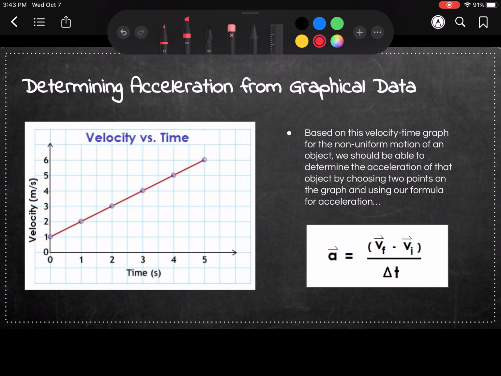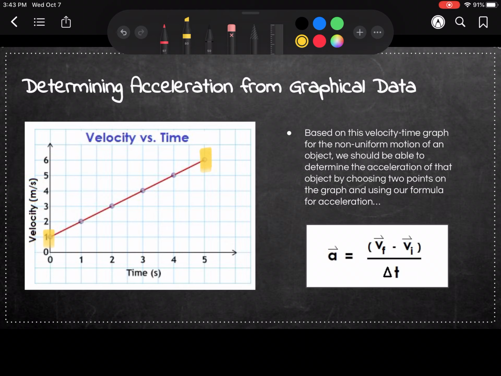Let's choose this point and this point. So we're going to choose those 2, and we're just going to write down their velocities and times, and we can then solve for acceleration. So maybe I'm going to choose something farther away, just so that we have some space.